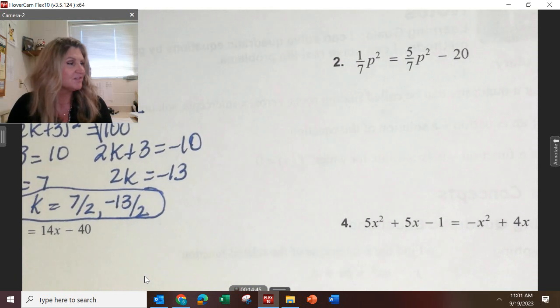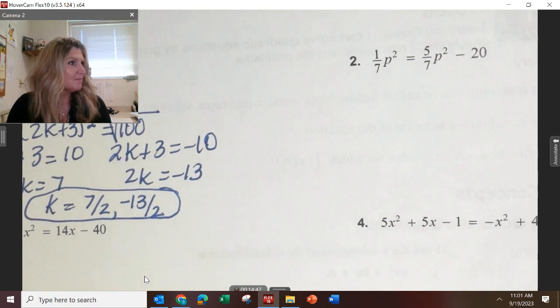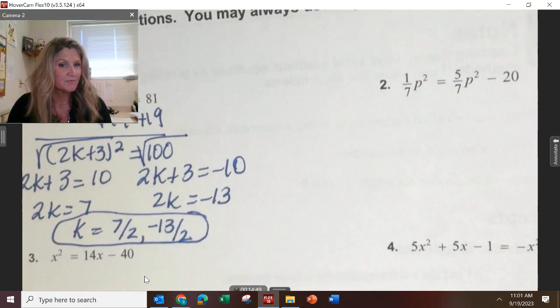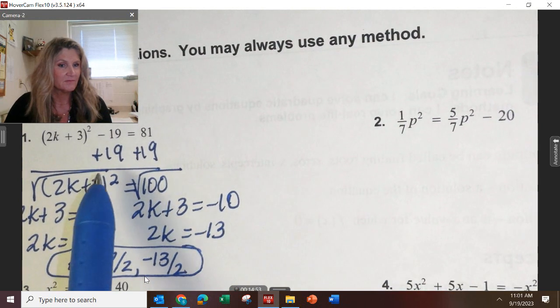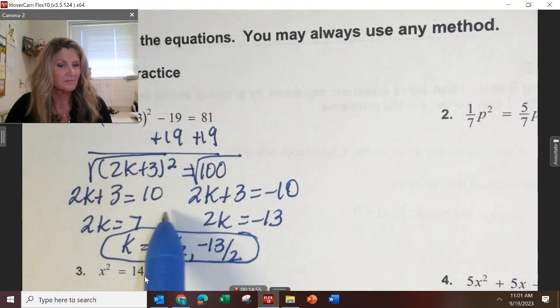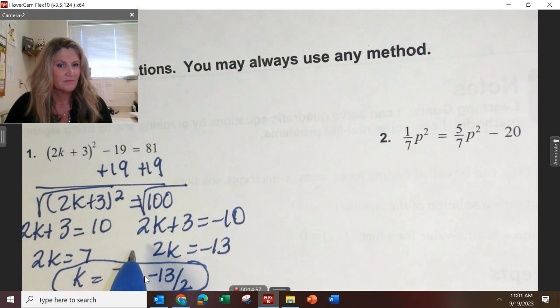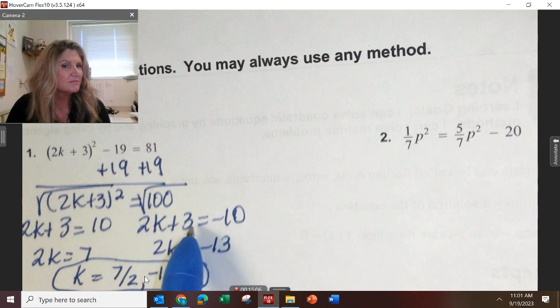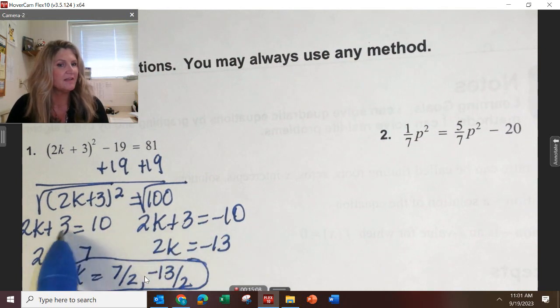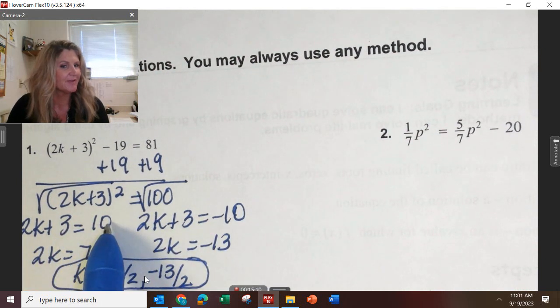Okay, questions? Yes, Drew? This is about the square root of the 2k plus 3 squared. I still see the negative square root answer. Where does the negative answer apply? Like square root of k can't be negative k, or where are we only doing the positive version? We're not. We're saying that 2k plus 3 is plus or minus 10.